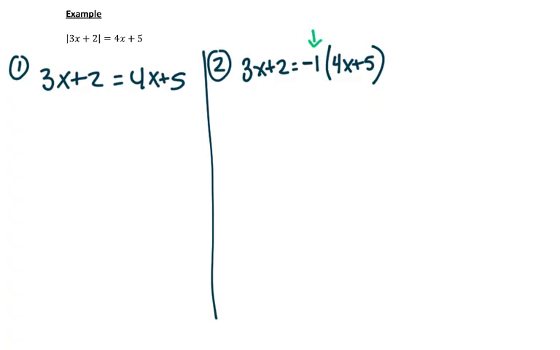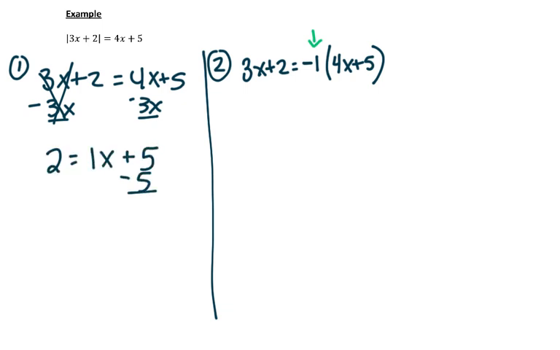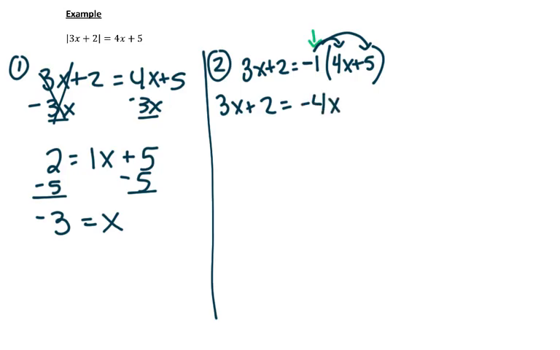So let's solve the first one. We're going to subtract 3x on both sides to get 2 equals 1x plus 5. We'll then subtract 5, and I get negative 3 equals x. The second one, I have to start by distributing the negative 1. So I'll get 3x plus 2 equals negative 4x and then negative 5.